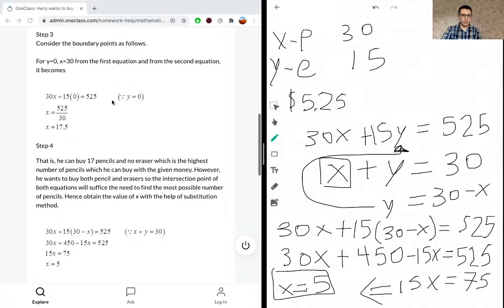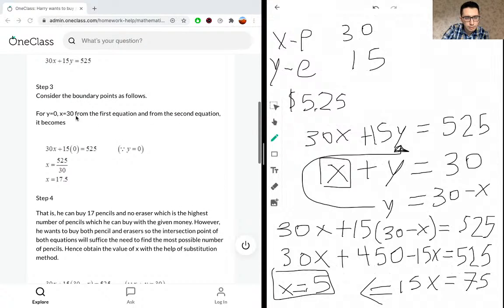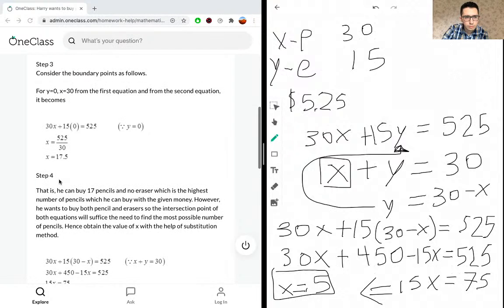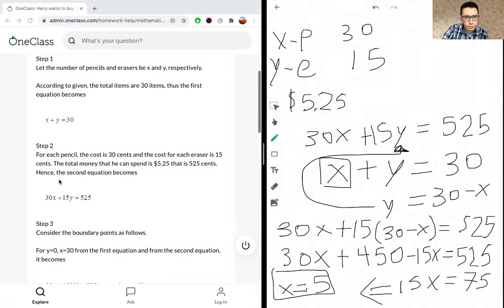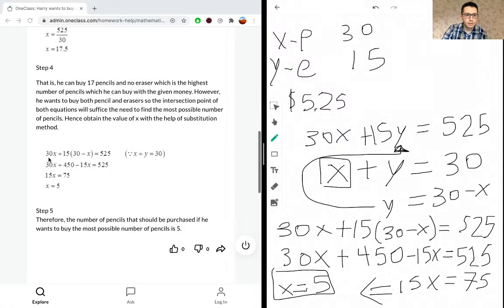So here they're just testing, let's say we bought 0 erasers, you can only buy a maximum of 17 and a half pencils. Then they substitute in the equation correctly and they get 5.